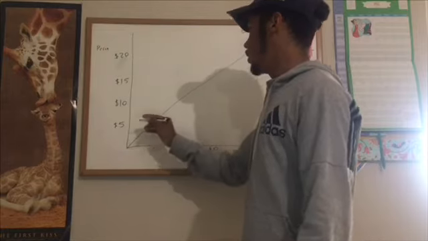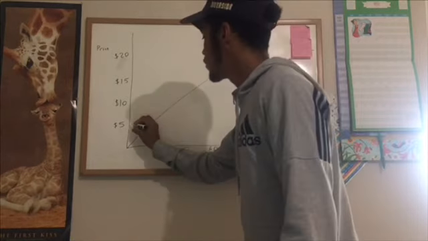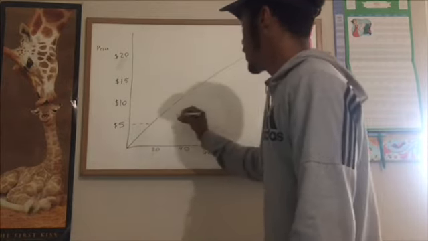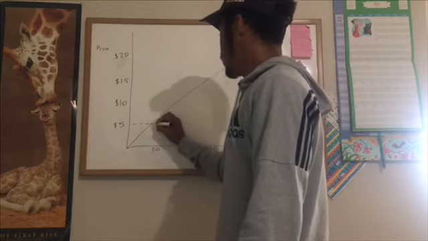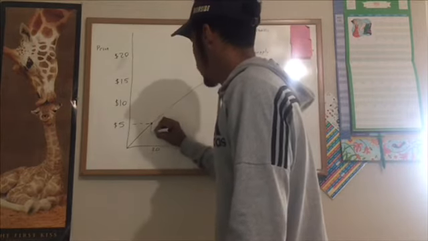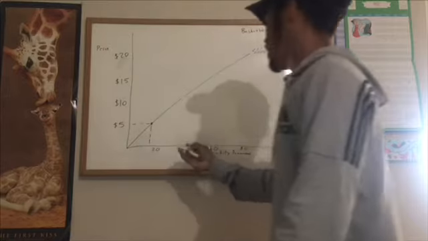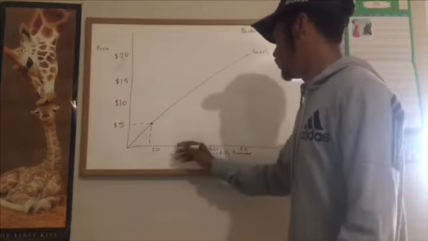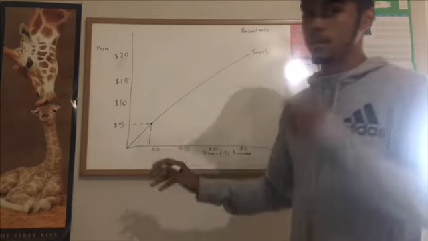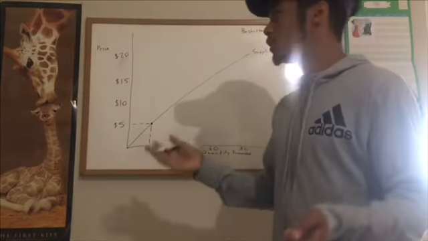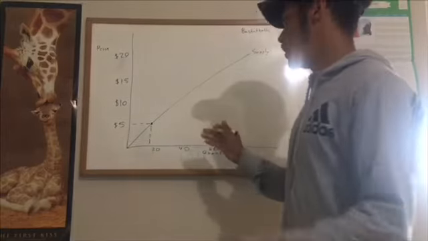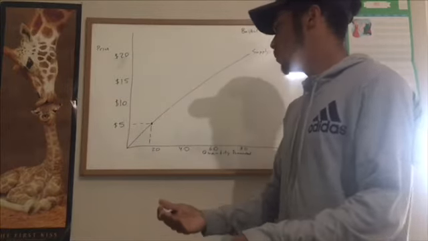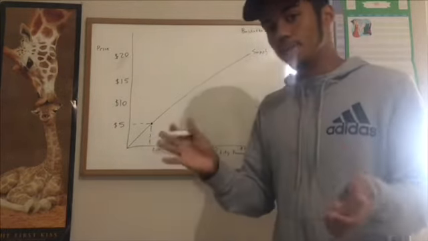So you find where $5 intersects the supply curve, and then you bring it down to the quantity, and we're just gonna eyeball it for today. It's not exactly on 20; it's a little bit under. So that's about 18. So producers are willing to produce 18 basketballs at around $5.